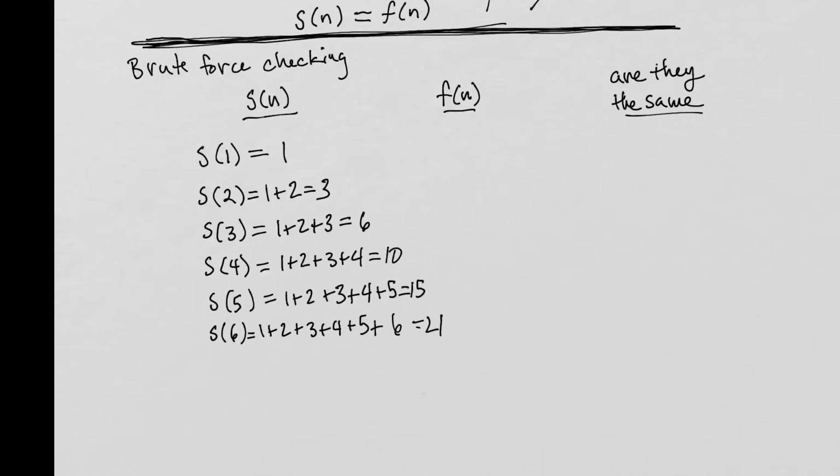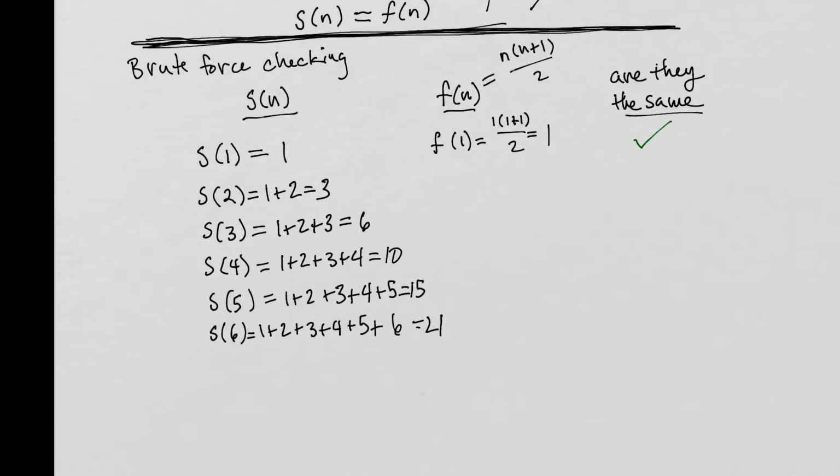And now let's check the f of n's. And remember, f of n is n times n plus 1 over 2. So f of 1 is 1 times 1 plus 1 over 2, which is equal to 2 divided by 2, which is indeed 1. So we definitely have this value and this value are equal, and so they are the same.